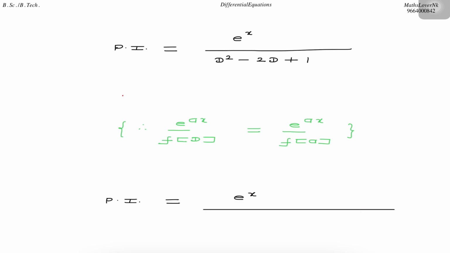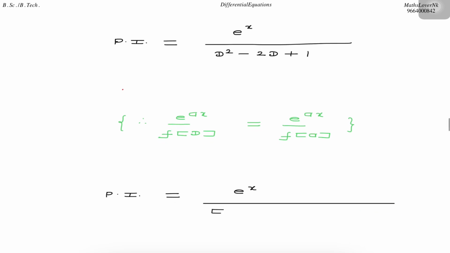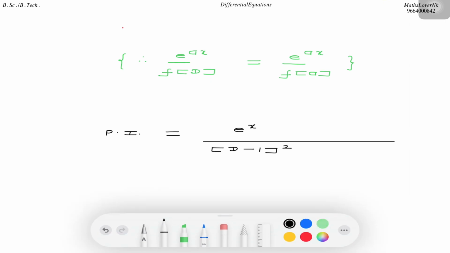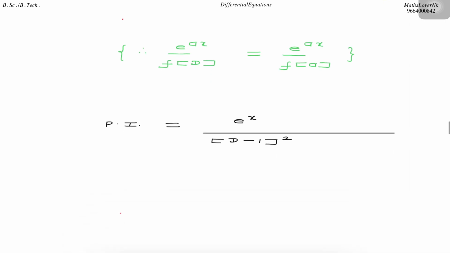Now by the identity, if e the power ax upon (d minus a) the power n is given, then we can write x the power n upon factorial n into e the power ax.